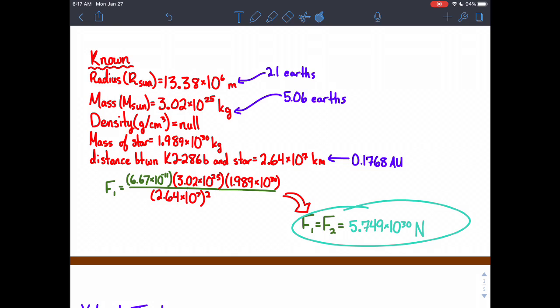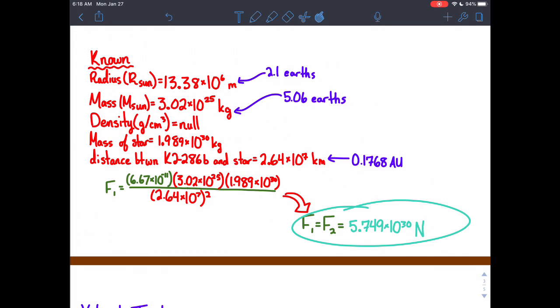Then the distance between them is, as you can see right there, and I had to convert that from astronomical units, I think it might be. And I transferred that number, which is a distance measurement, into kilometers, and it is 2.64 times 10 to the 7th kilometers. And that's both of the radii plus the distance between the two planets.